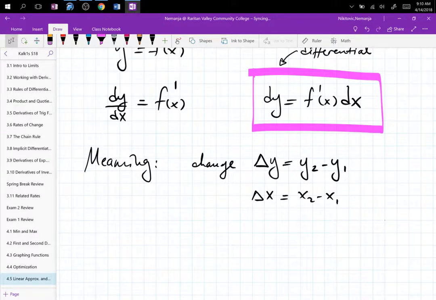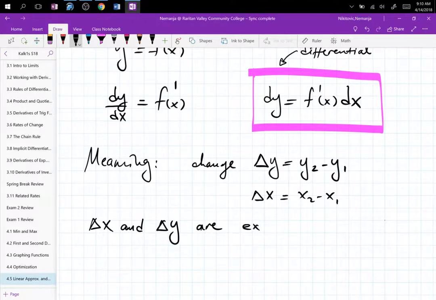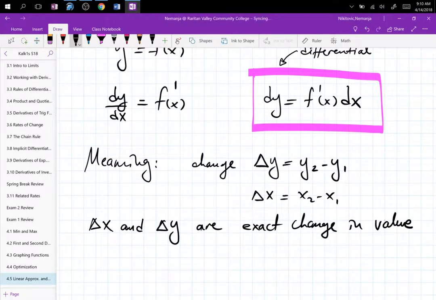So delta x and delta y are both exact change in value. And it's very easy to compute. It's just subtraction of two numbers, right?